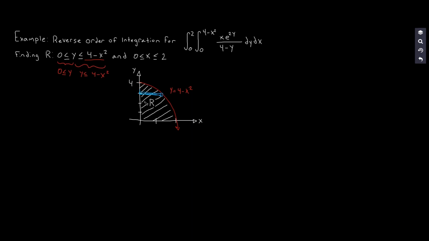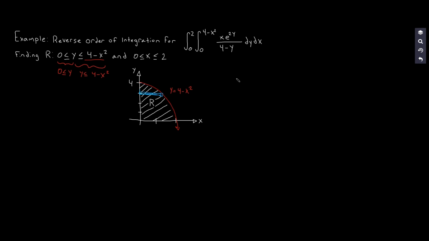So I'm going to put in all of my rectangles here, and I'm going to put them all in from left to right. And the lower bound for all of these rectangles that I'll be putting in here is going to be x equals 0. All right, so the lower bound is x equals 0. Now the upper bound is the red line, right? The upper bound for all these rectangles is the red line, and well, I'll have to solve that.